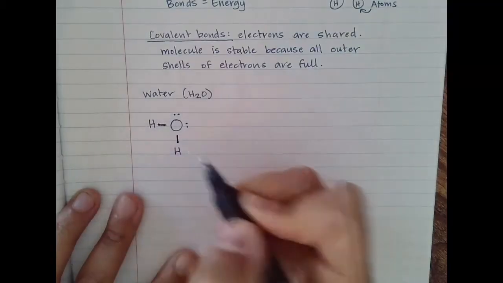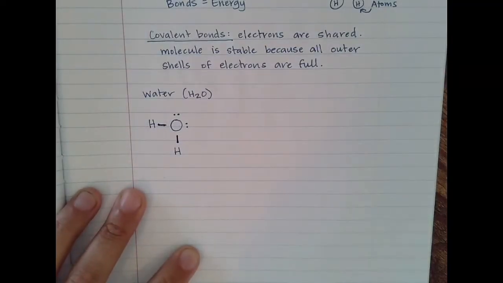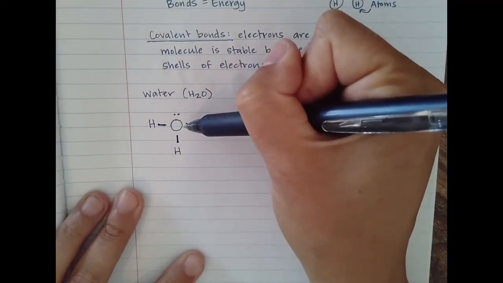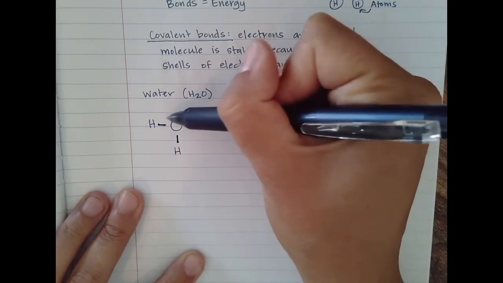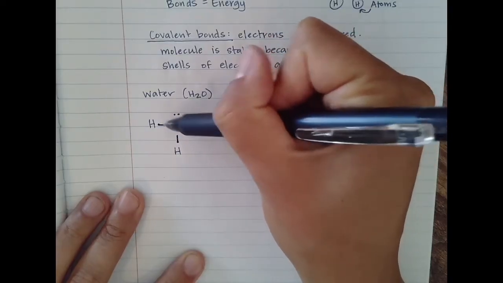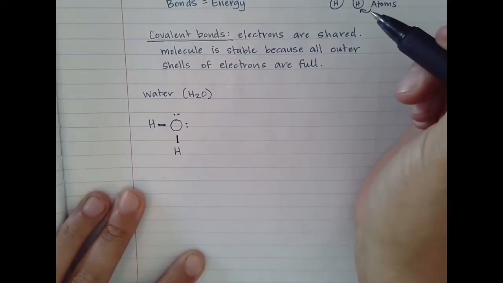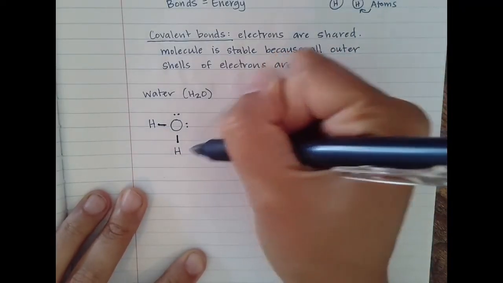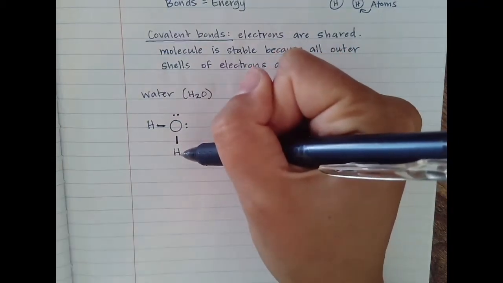So when they are shared, that creates a bond. What that means is that oxygen now has its outer shell of electrons full. It has 8 possible electrons in that outer shell. It has 2, 4, 6, 8. Shared ones count. Hydrogen, its outer shell is also full because it can have 2 electrons in its outer shell.